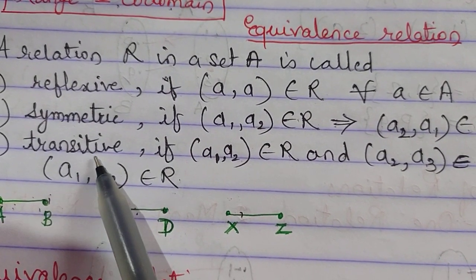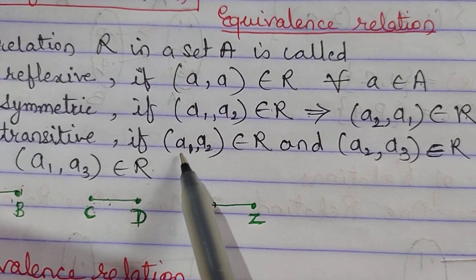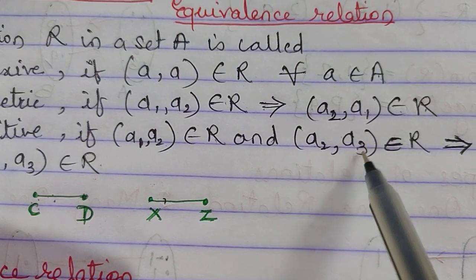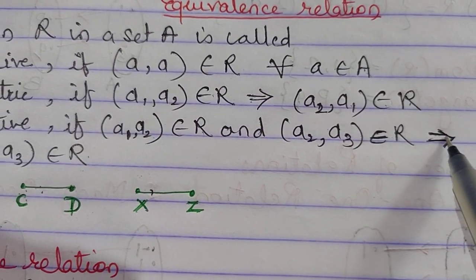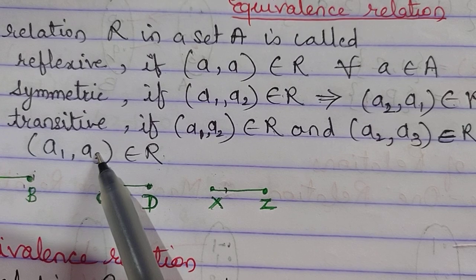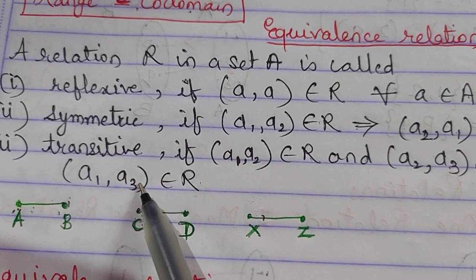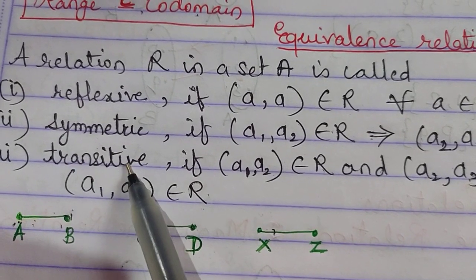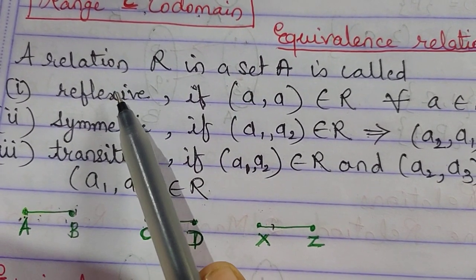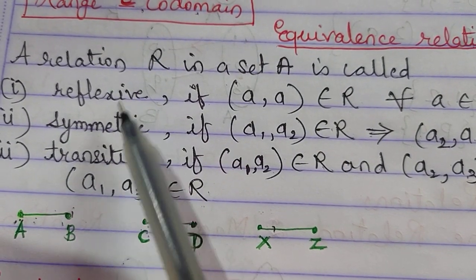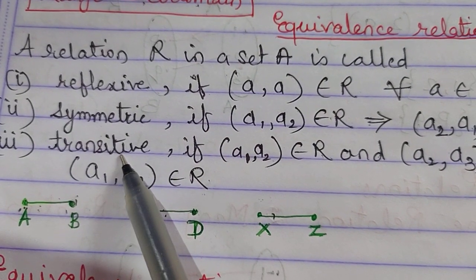And the transitive property is: if (a1, a2) belongs to R and (a2, a3) belongs to R, then (a1, a3) belongs to R. If this condition is satisfied, then R is said to be transitive. So these are the conditions for a relation R to be reflexive, symmetric and transitive.